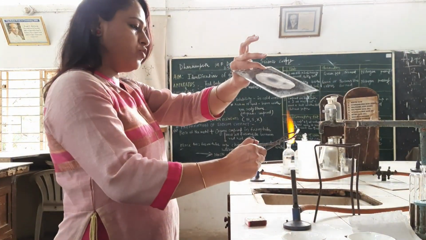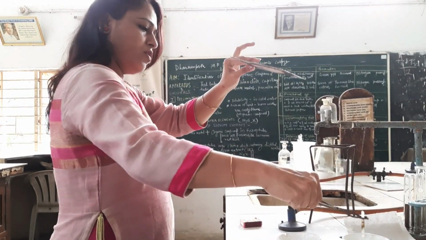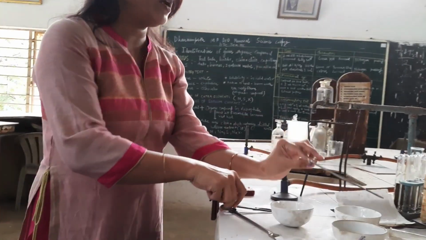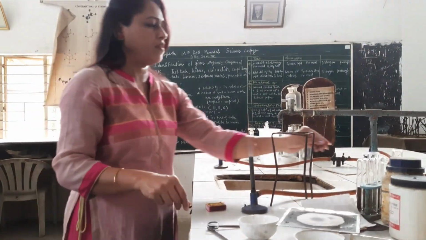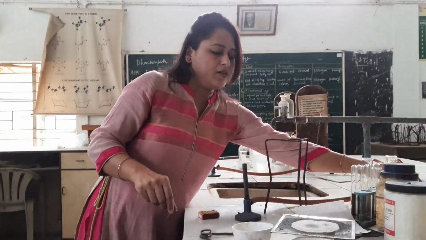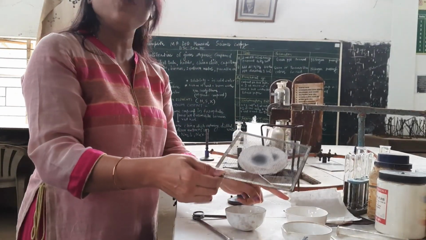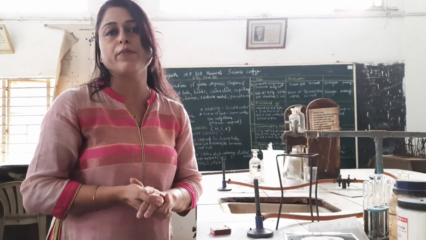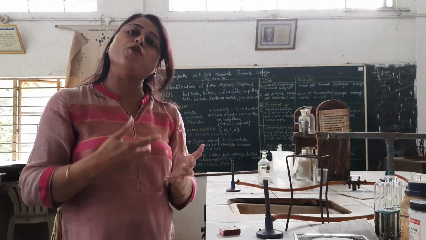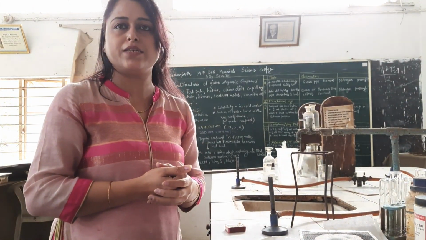As you get the red hot color, enter it into the distilled water and place the lid. Heat this solution for 10 to 15 minutes, and then filter it, and that will be your sodium extract, which we will use for the further tests for detection of different elements.